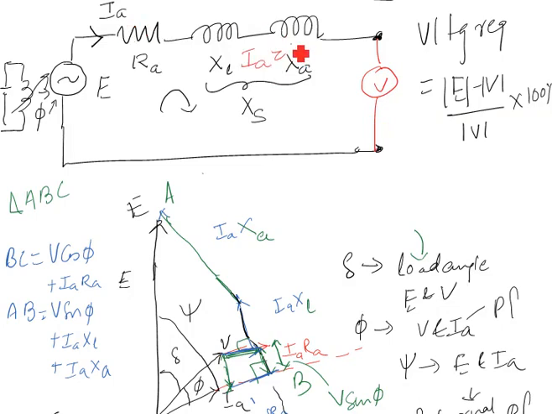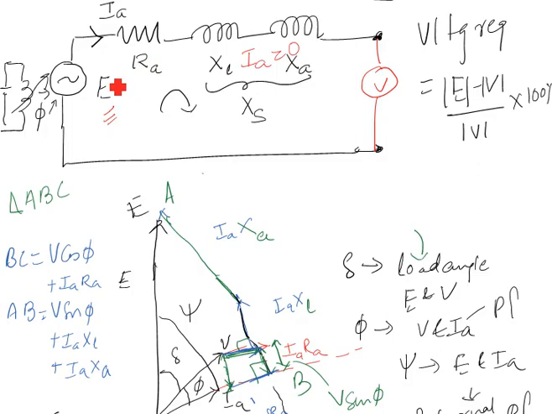If we want to measure the E of it, what will we do? We operate the machine, and then suddenly open circuit it. Open circuit means no current is going to flow. When no current is flowing, the drop across RA, XL and XA will be 0.